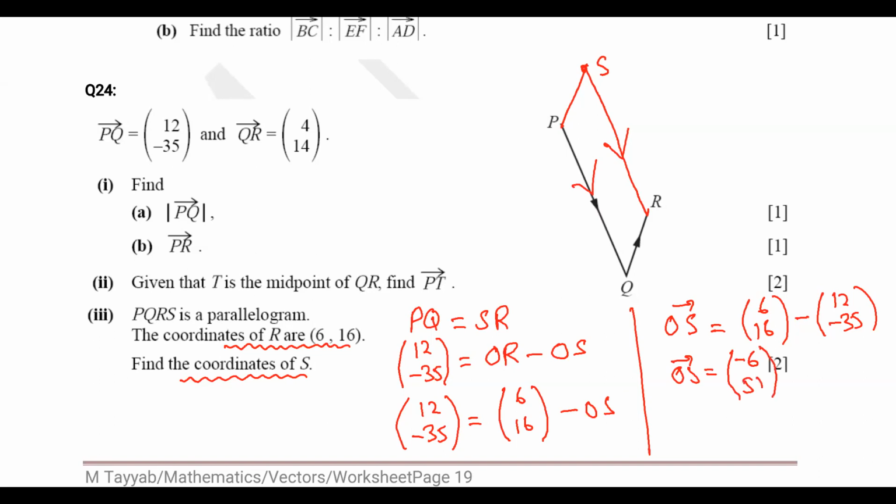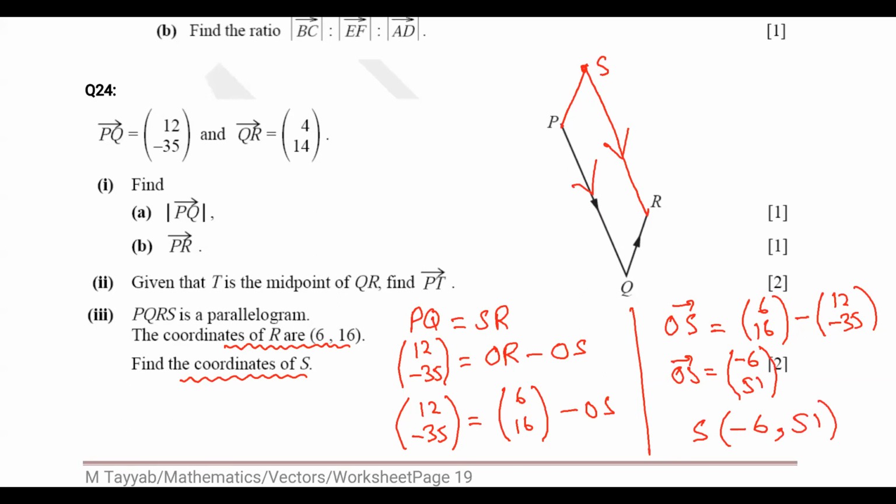So the position vector of S is minus 6, 51. Then the coordinates, because we have to write the coordinates, are also the same, minus 6, 51. So these are the coordinates of the point S.